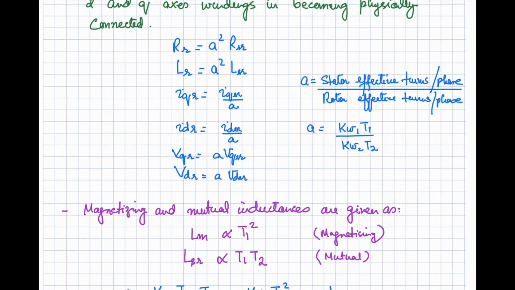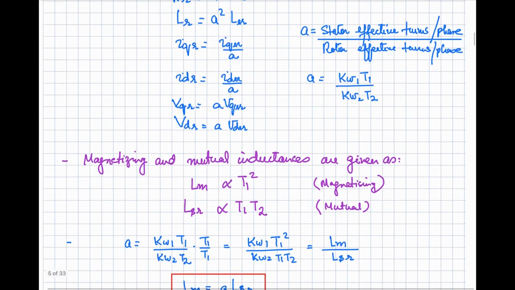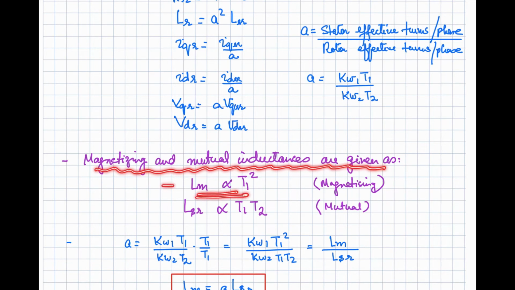So that is this A. It is given as K omega 1 into T1 over K omega 2 into T2, where T1 is the number of turns on the stator side and T2 is the effective number of turns on the rotor side. That is equal to A. And from your machine theory you must know that the magnetizing and the mutual inductances are given like that. The magnetizing inductance depends upon the number of turns of the winding.